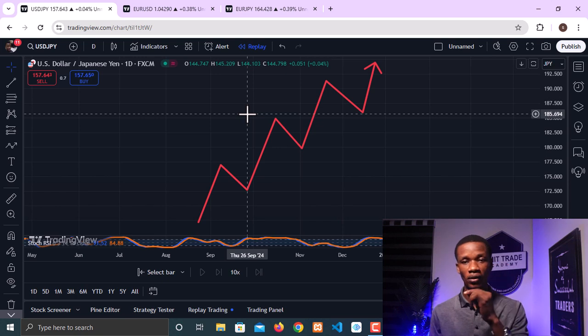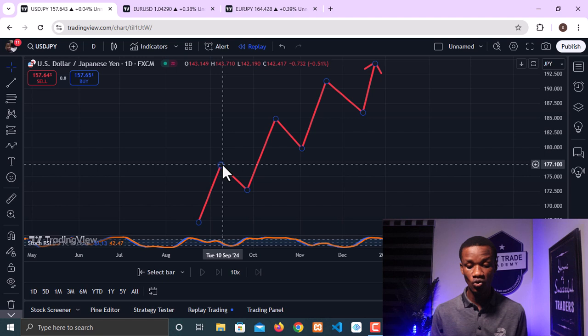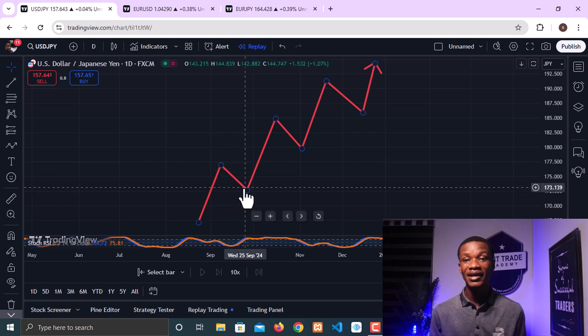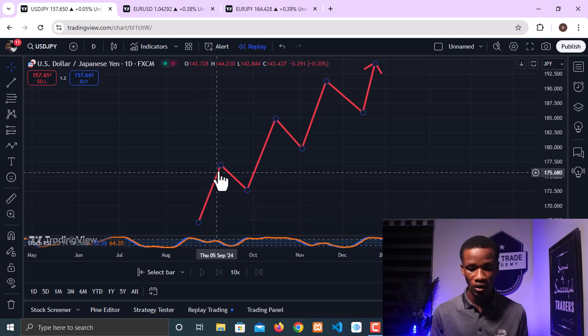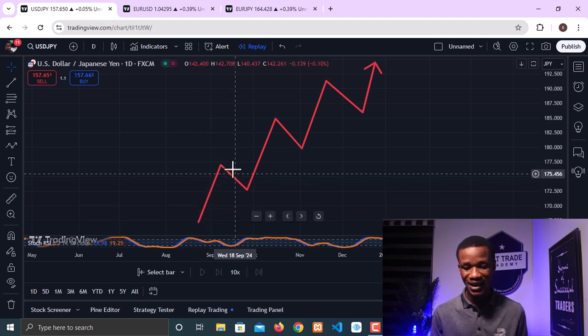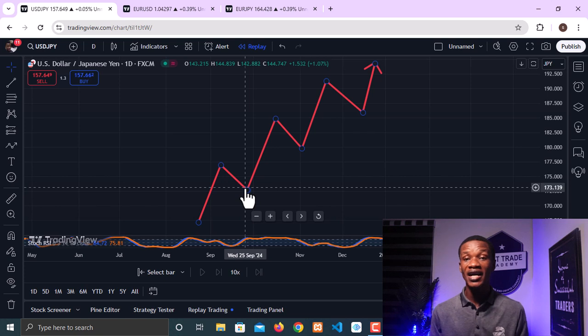The market is moving upward, and the only thing that makes this market retrace or pull back is a slowdown in buying pressure. Let's say the market moves all the way from this point upward, and then the market retraces. That retracement occurs as a result of two things.